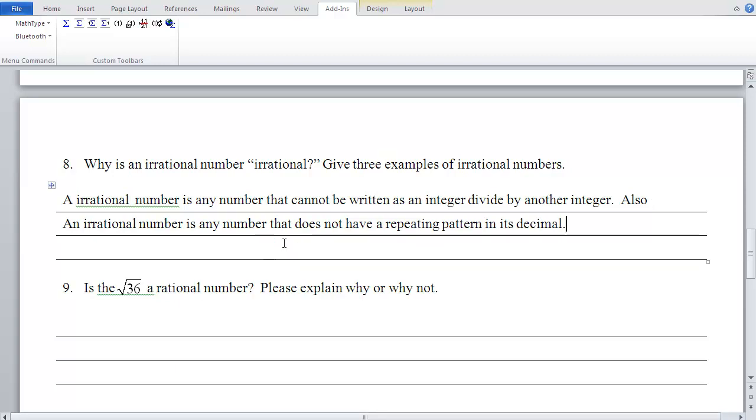So you could write something like that. It may be a little bit different from mine, but I think that's what is needed.